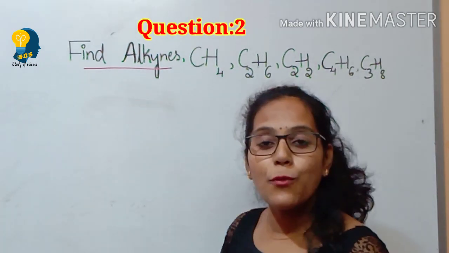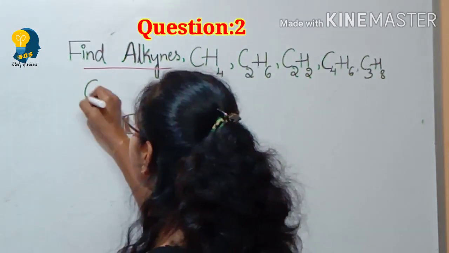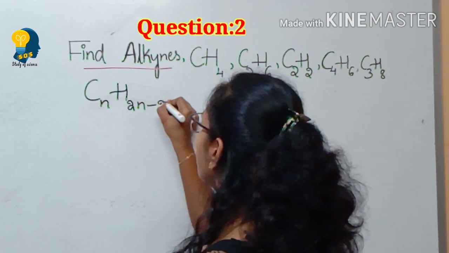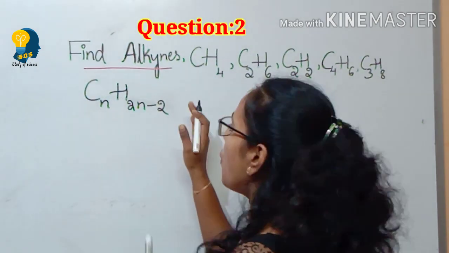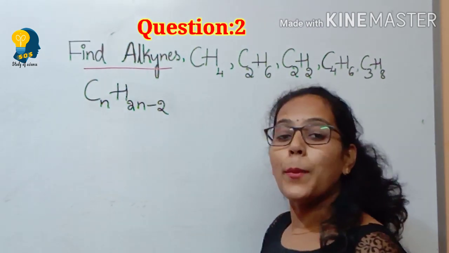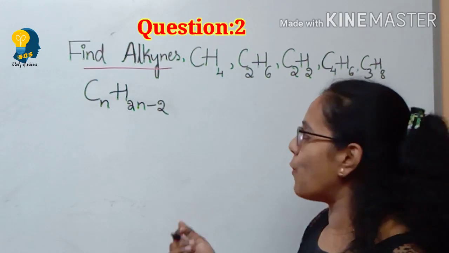What is the general formula of alkyne then? The general formula for alkyne is CnH2n-2. Correct? So by taking this general formula of alkyne, let us substitute the values of n. Let us start with 1.